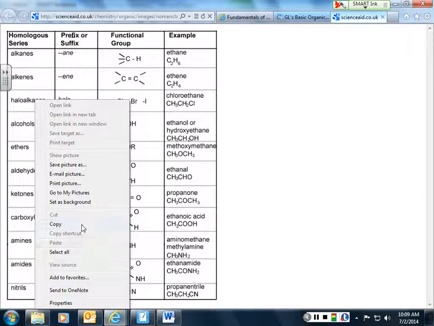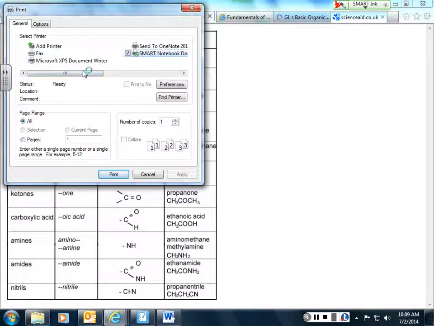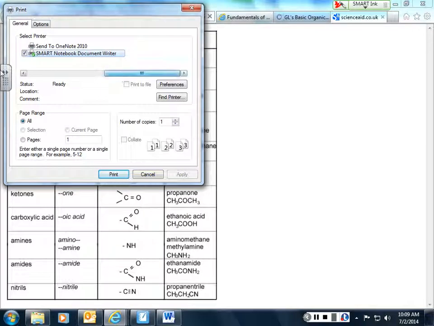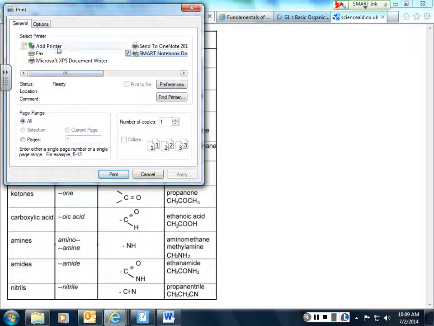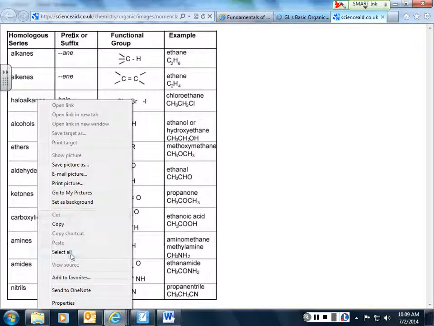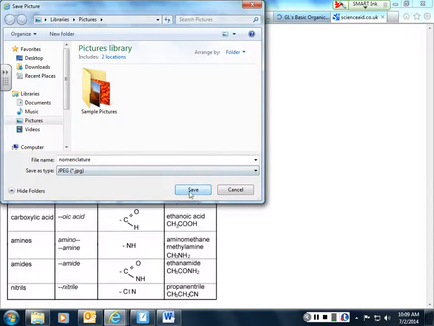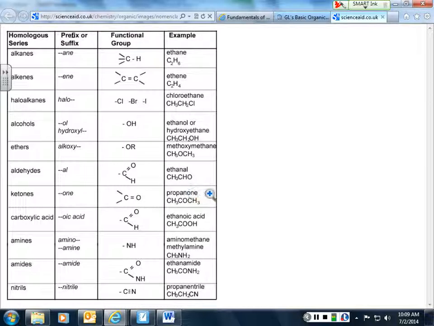So what I will do, print the picture. Why is it not having a printer? You can just save the picture and then put it in a Word document, and then share it with us.